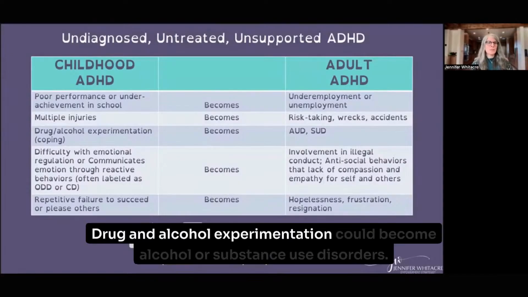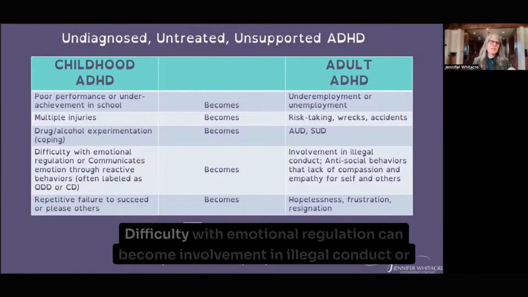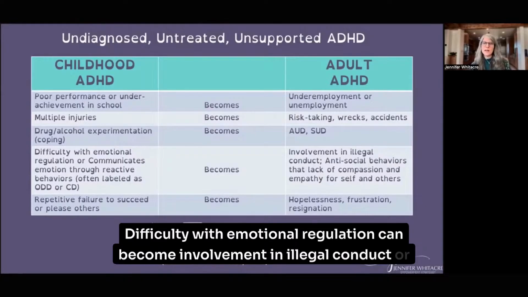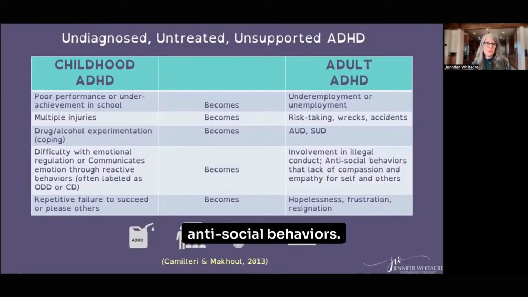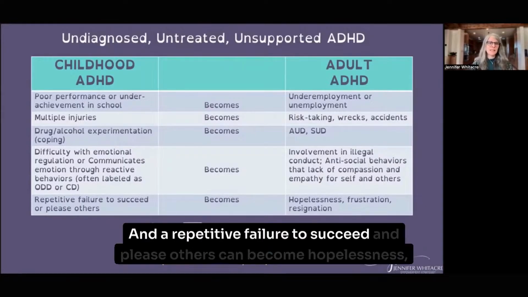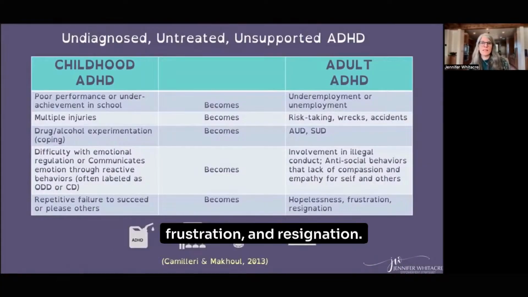Drug and alcohol experimentation could become alcohol or substance use disorders. Difficulty with emotional regulation can become involvement in illegal conduct or antisocial behaviors, and a repetitive failure to succeed and please others can become hopelessness, frustration, and resignation.